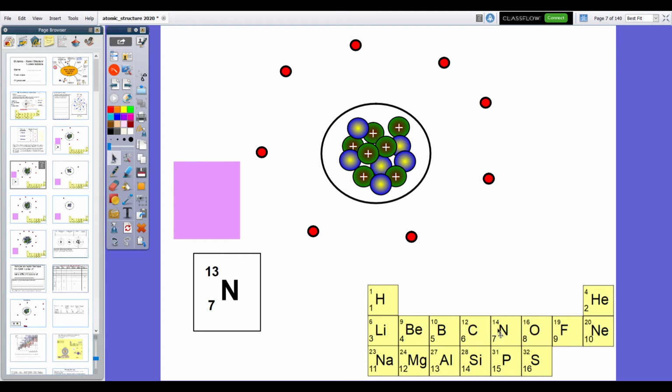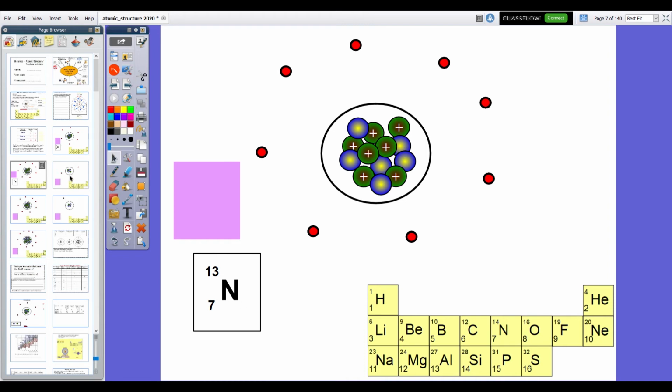So this is really what we would call an isotope of nitrogen. It's just a different version of nitrogen because it doesn't have the same number of neutrons as the normal, most stable version of nitrogen, which has 7 neutrons.